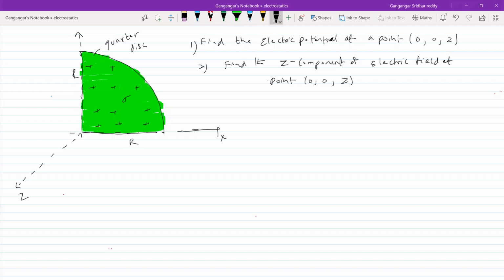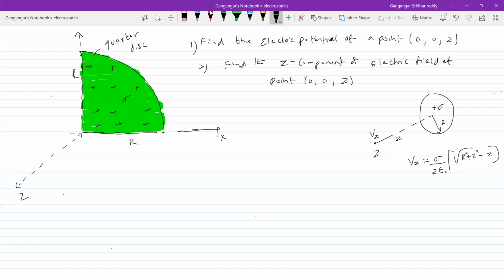So potential due to a full charged disk, how much? For your support, I'll give the diagram for a full charged disk, at a distance z, radius r. Potential at this point, let me call it Vz, is sigma by 2 epsilon naught times root of r square plus z square minus z.